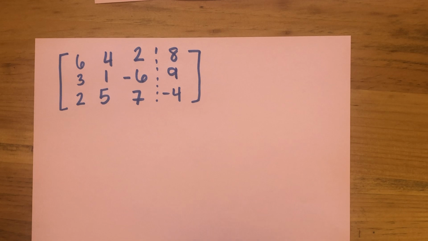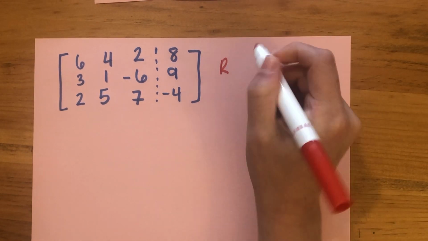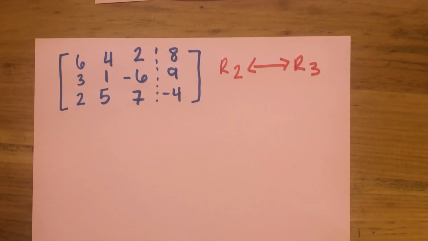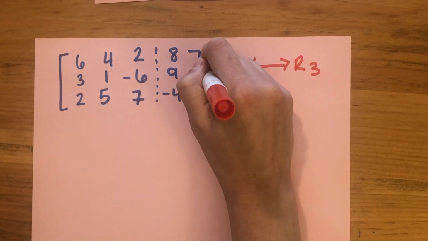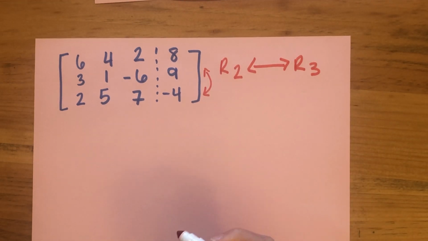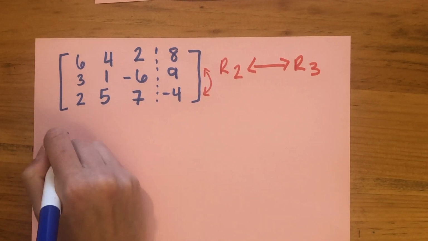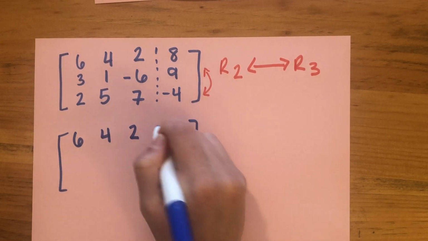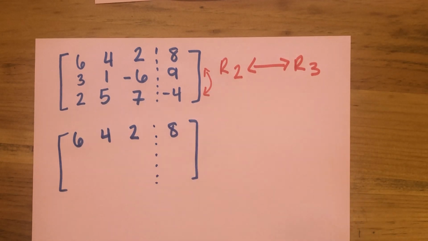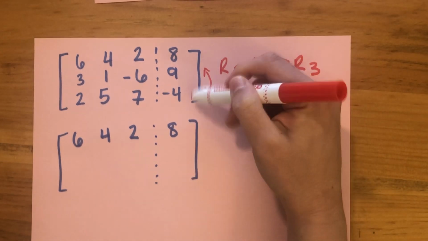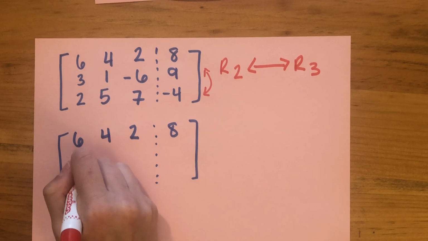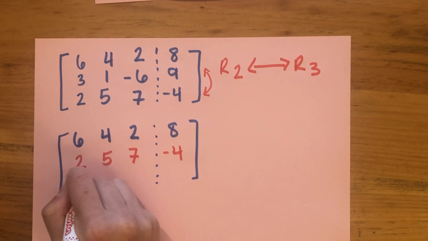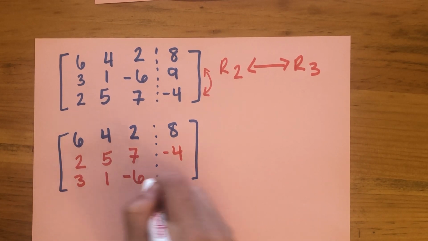All right, so let's say we want to interchange row 2 with row 3. So we're going to just swap those. So row 1 stays the same: 6, 4, 2, 8. And now we're going to just flip-flop row 2 and row 3. So this is now 2, 5, 7, -4, 3, 1, -6, 9.